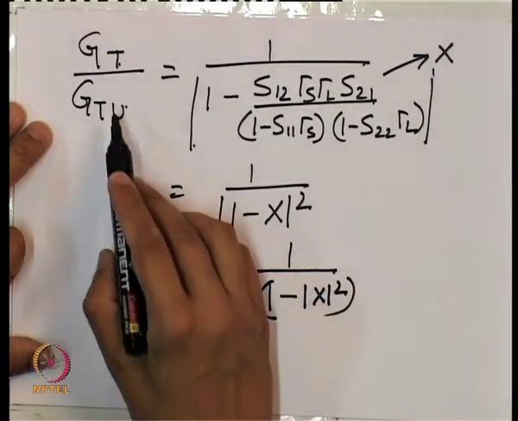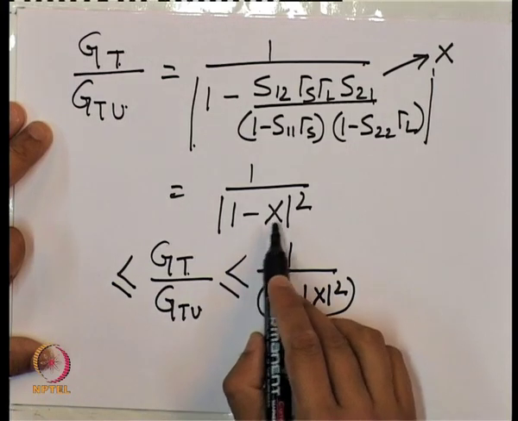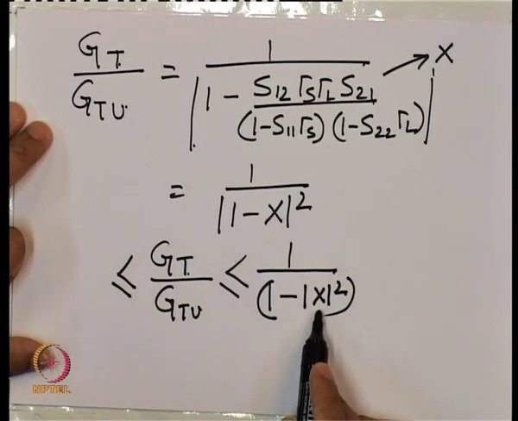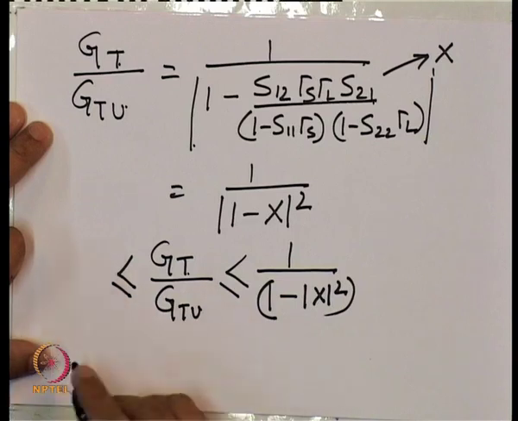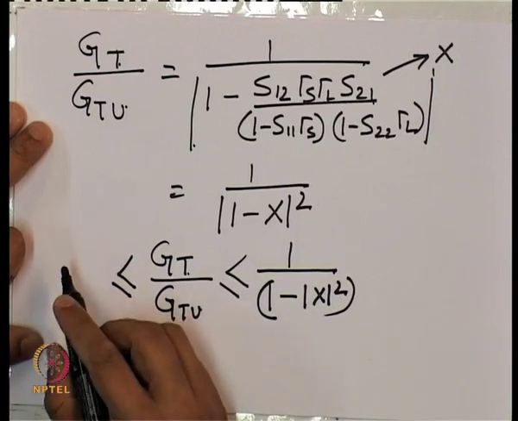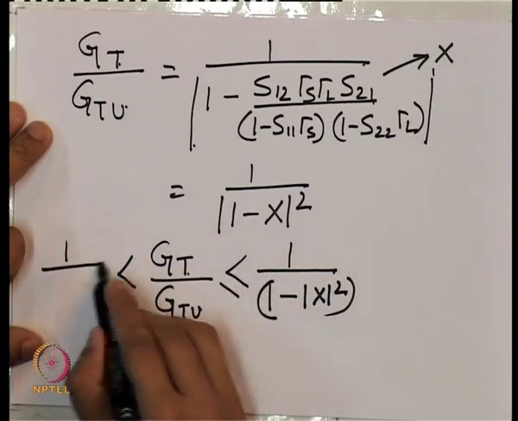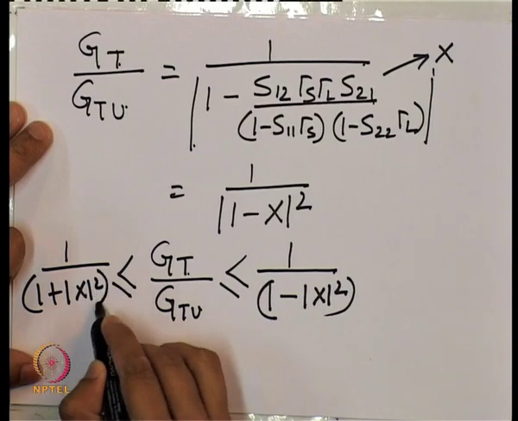The maximum value of GT upon GTU will be when this is equal to 1 minus modulus of x square, and the minimum value of GT upon GTU will happen when this value becomes equal to 1 plus modulus of x square.